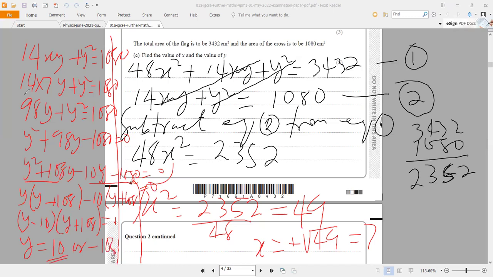So take the positive value. y cannot be negative. We are considering the positive value, which is 10. Therefore x equals 7 and y equals 10.